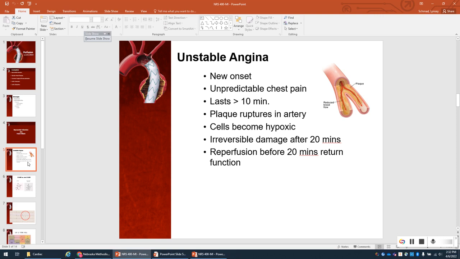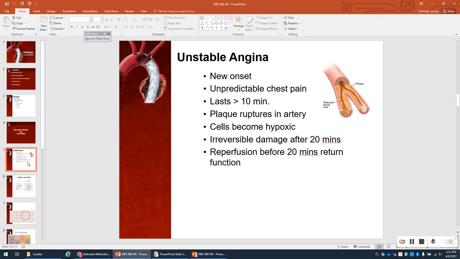The plaque in the coronary artery ruptures and causes a thrombus formation and limits or completely occludes blood flow to the heart muscle itself. So you can have a partial occlusion or a complete occlusion. At the cellular level, the heart muscle becomes hypoxic within 10 seconds of the coronary artery becoming occluded. Ischemia or death quickly follows, and irreversible damage occurs after 20 minutes of occlusion.